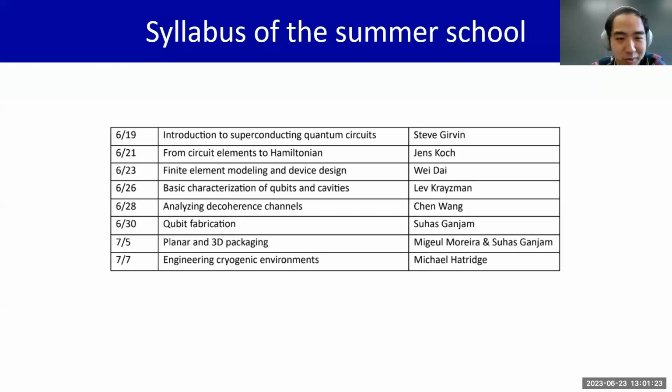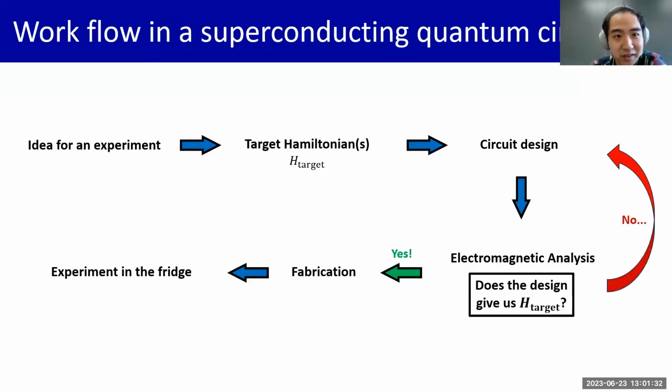Compared to the previous 2, this is a very technical talk that deals with a very specific task in our job. This is my idea of the general workflow in our lab or in any superconducting quantum circuit lab: you start with an idea for an experiment, but as experimentalists, we have to narrow down to a target Hamiltonian that we're going to engineer to realize that idea.